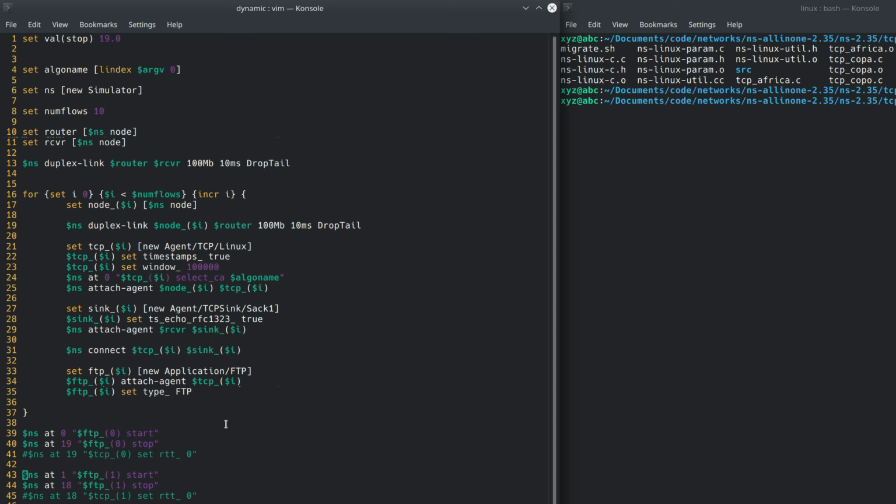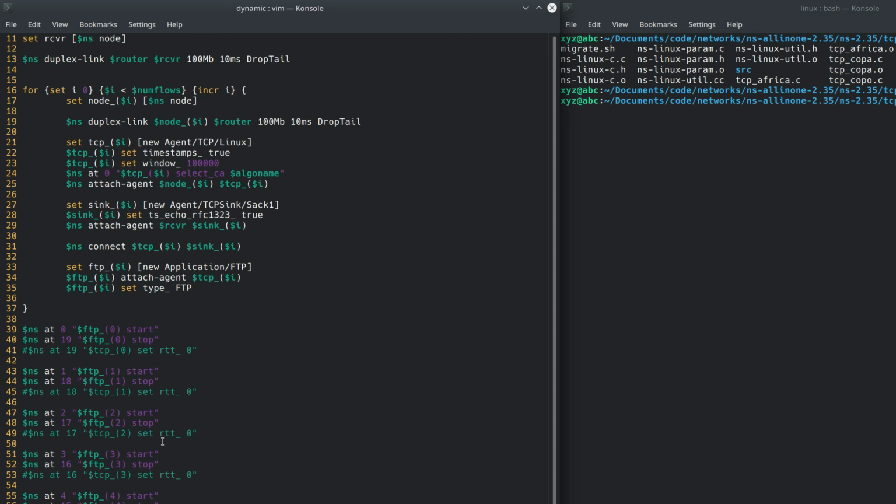And the 10 flows in the network are going to be entering and leaving at different points of time. They're going to start and stop at different points of time. So for example, the first flow is going to be active between 0 and 19 seconds. The second flow is going to be active only between 1 and 18 seconds, and so on and so forth.